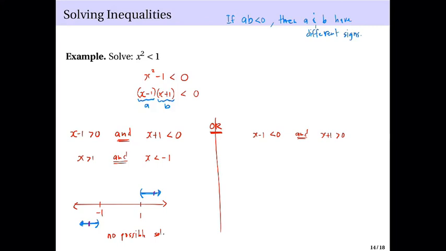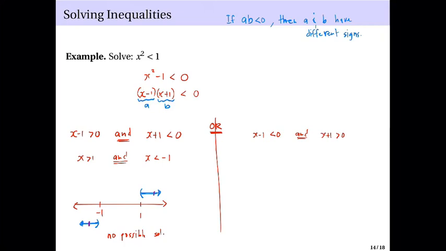Okay? Understand? So again, you want these two inequalities to be satisfied at the same time, but there is no possible x satisfying both inequalities at the same time. So no possible solution from this case.